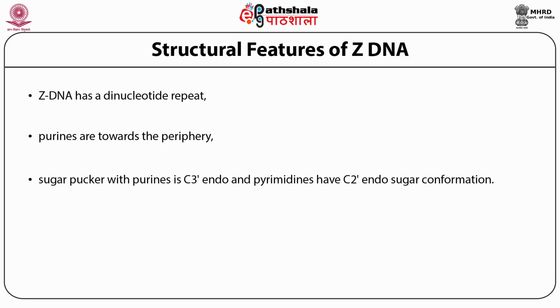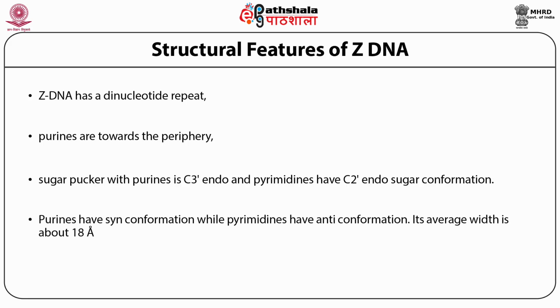Sugar pucker with purines is C3' endo. But pyrimidines have C2' endo sugar conformation. Purines have syn conformation of the bases, while pyrimidines have anti-conformation.